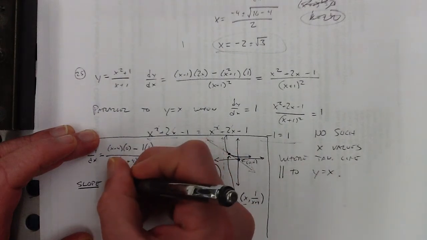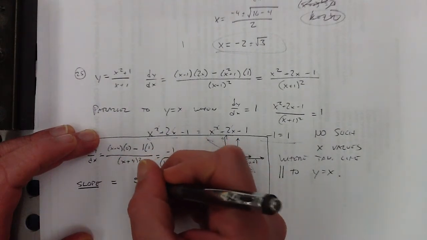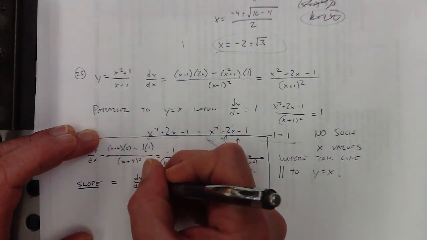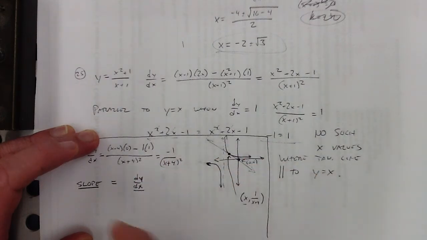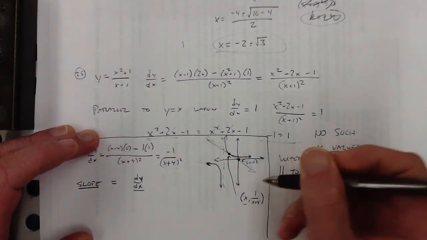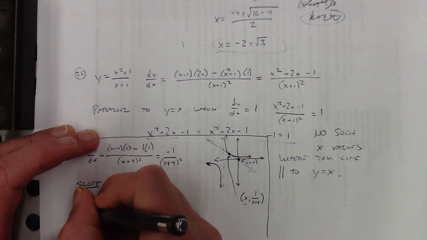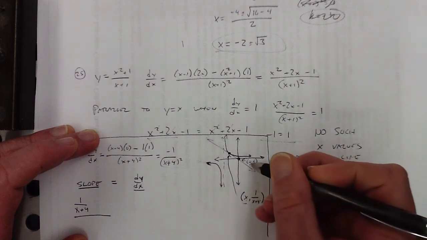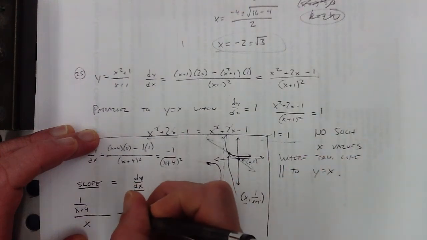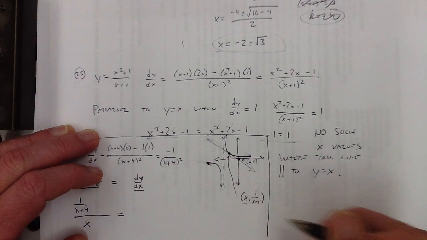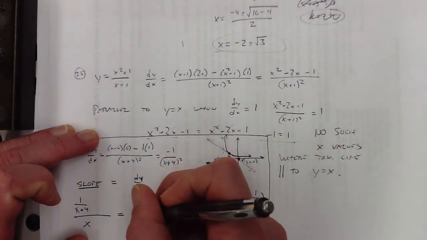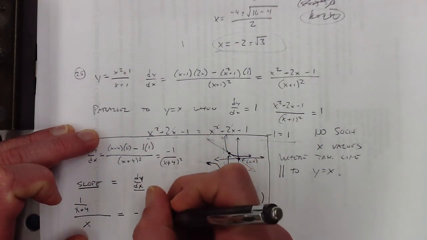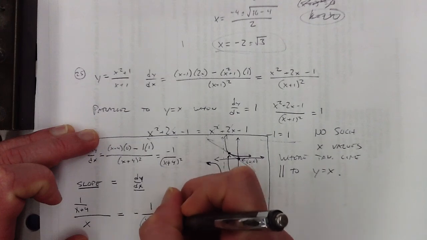I'm going to make the slope equal to the derivative, and that's going to give me an equation that I can solve. So what's the slope? Rise, y minus 0, over run, x minus 0, is equal to dy/dx, which is negative 1 over (x plus 4) squared.